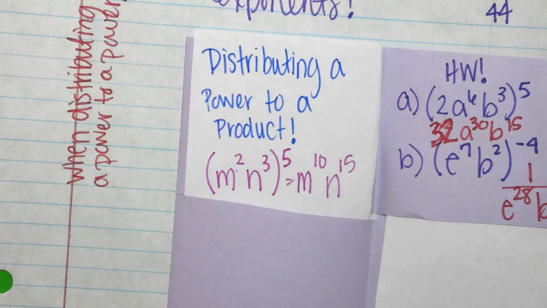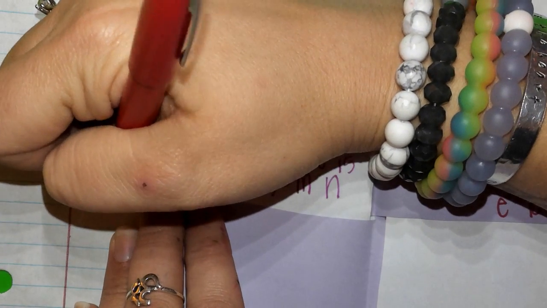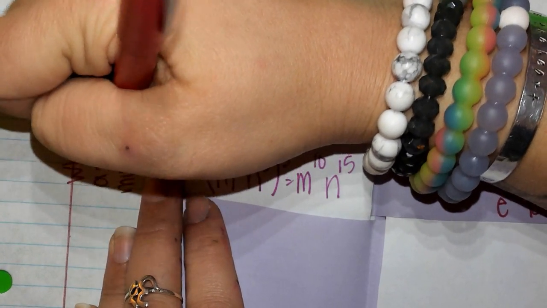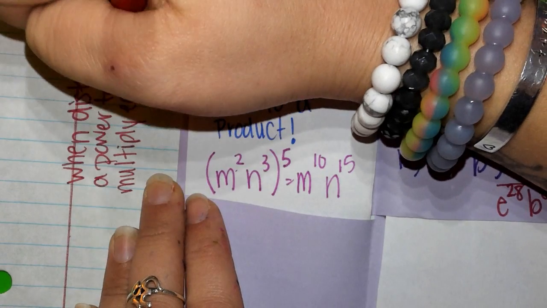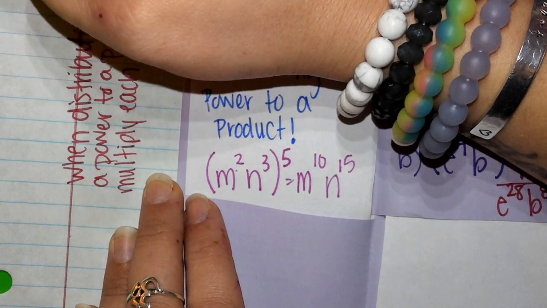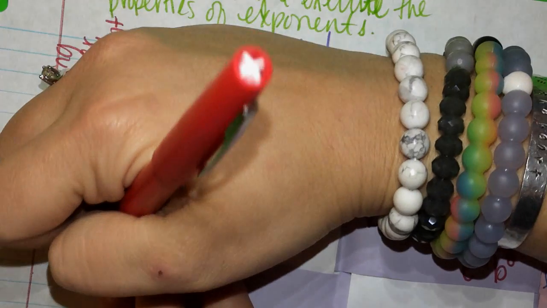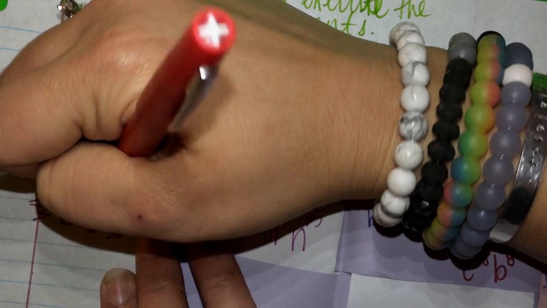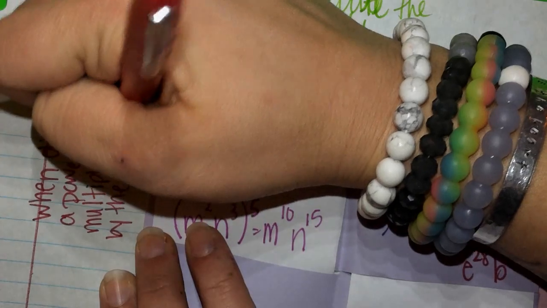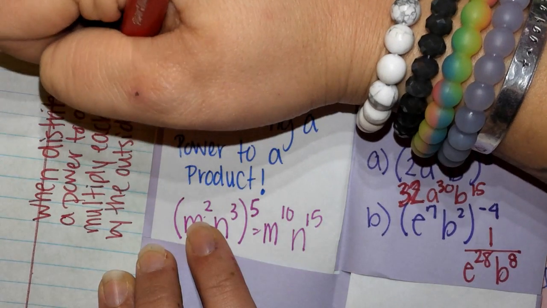Each exponent. Okay, so multiply each exponent by the outside exponent.